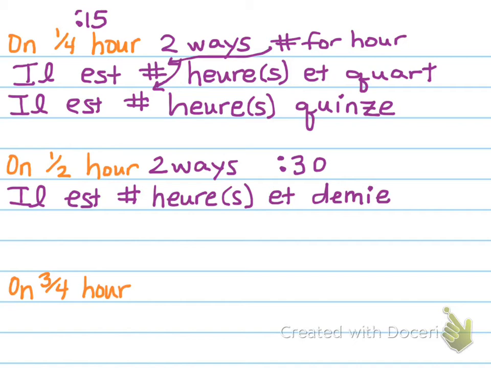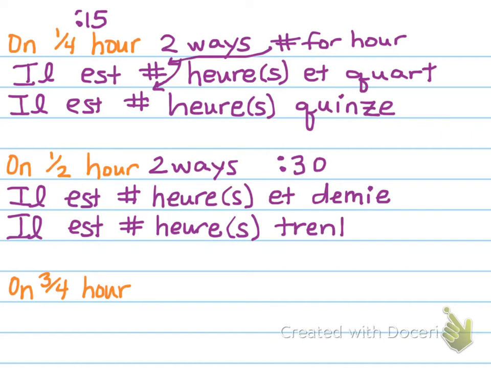What did demi mean? Demi meant he was half. Demi means half. So you're saying it's this number hour and a half. The other option is still to use the specific number of minutes. So I also can say il est, number, and then 30. Again, both of these numbers here are the number for the hour.